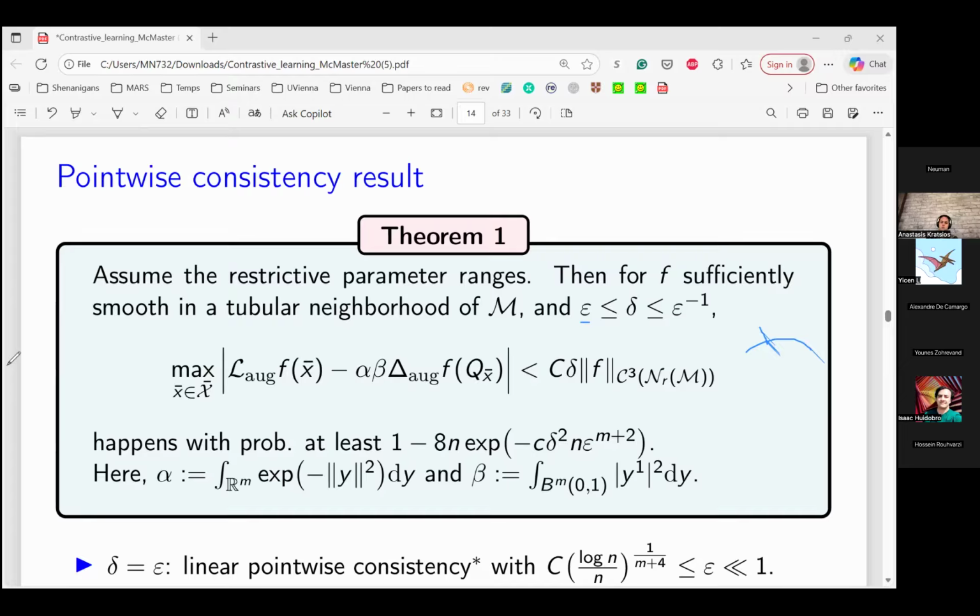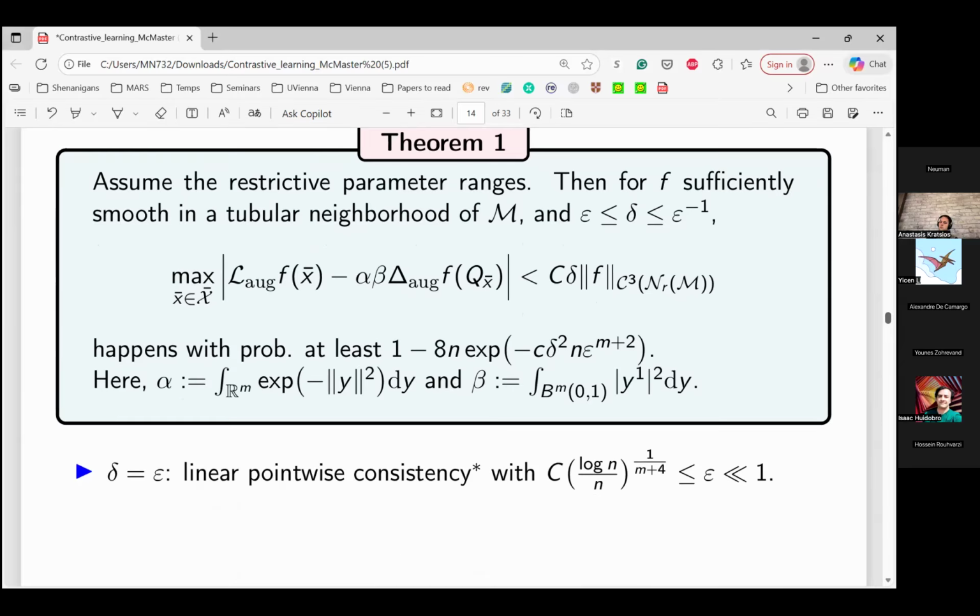Now, let me discuss a little bit more about this. When you take delta to be exactly equal to epsilon, this is a linear convergence in terms of epsilon, the graph connectivity parameter, right?